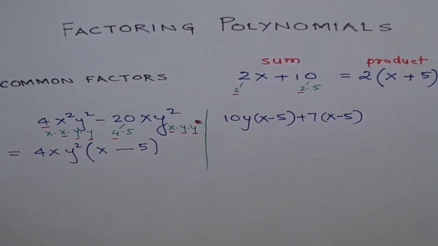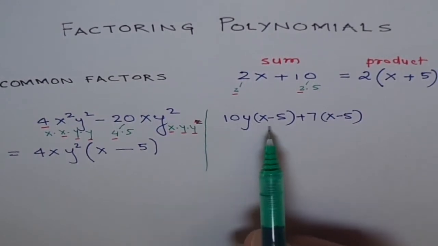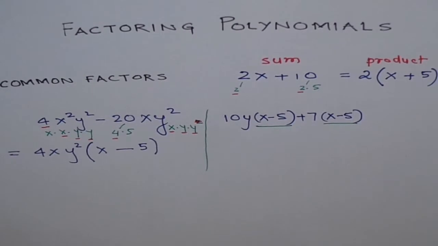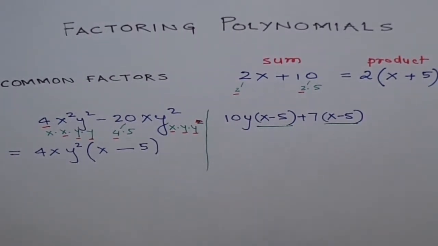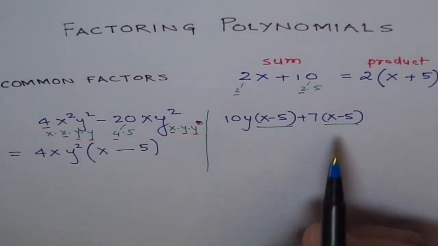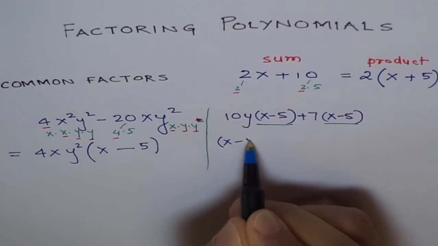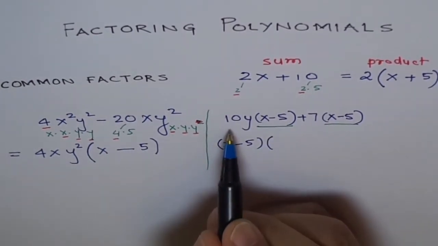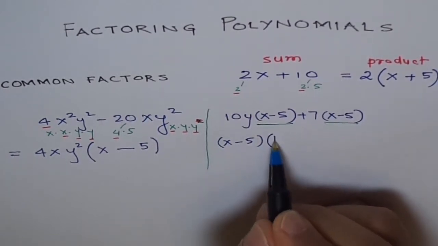Well, in this case, the first term itself is product of two things, where one part is common. Do you see that? So, common factoring means factor out the common things. So, what are common here? X minus 5. So, let's bring that out. X minus 5, and in the bracket, we are left with the rest of the terms. When you divide this by x minus 5, you are left with 10y.